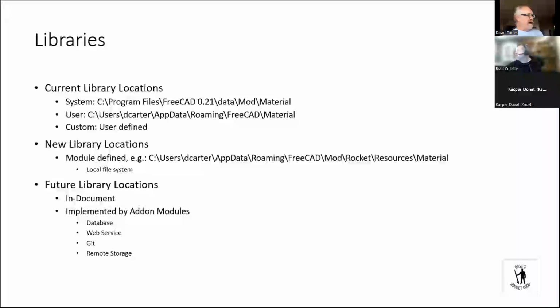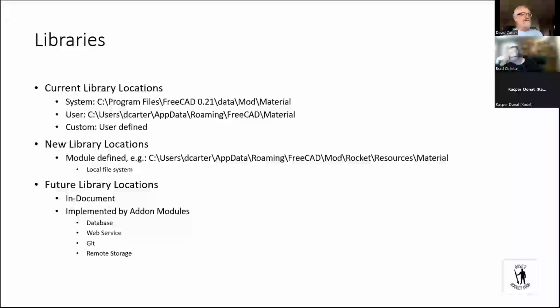There will be an API for add-on modules that will allow a much expanded type of material library. So for example, right now, all of the material libraries are in the local file system. But with the add-on modules, you will be able to add materials external to FreeCAD in a database or as part of a web service. You can even use Git.